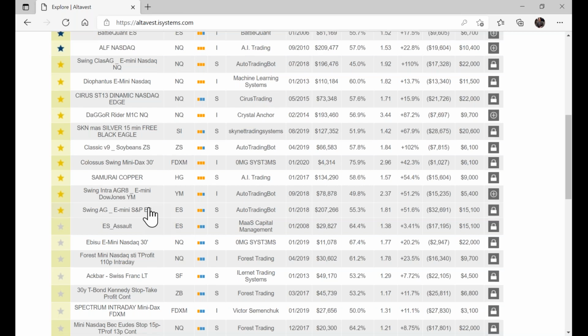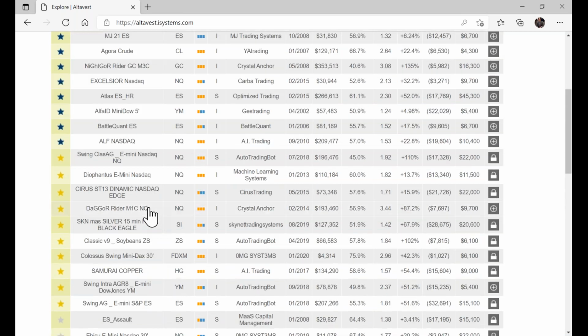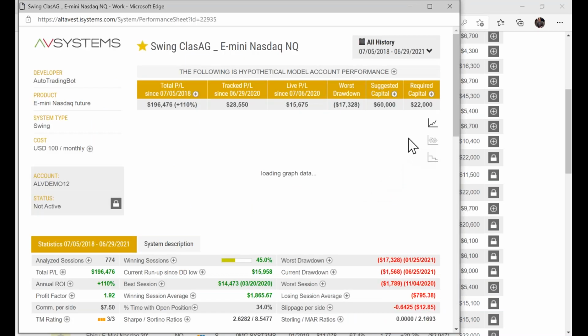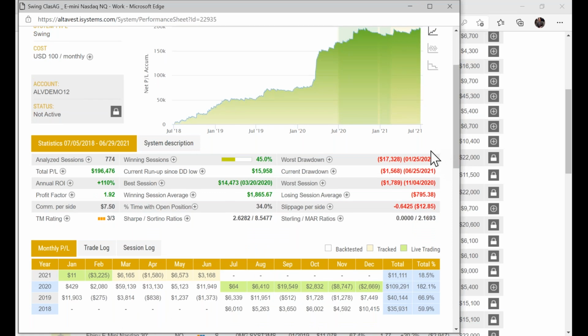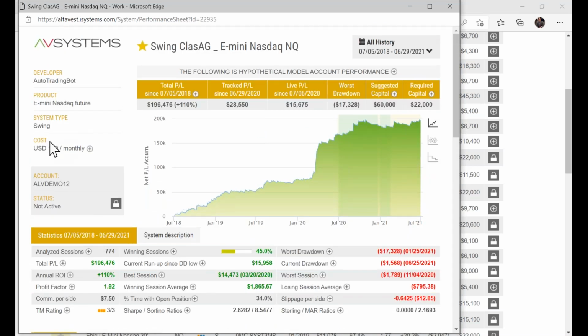All right, then let's take a look here now at how you would activate or deactivate a system. I'm not sure if I had activated this one or not in the past, but here's a NASDAQ system. And you can see here, it's a swing trading system. It's $100 a month.